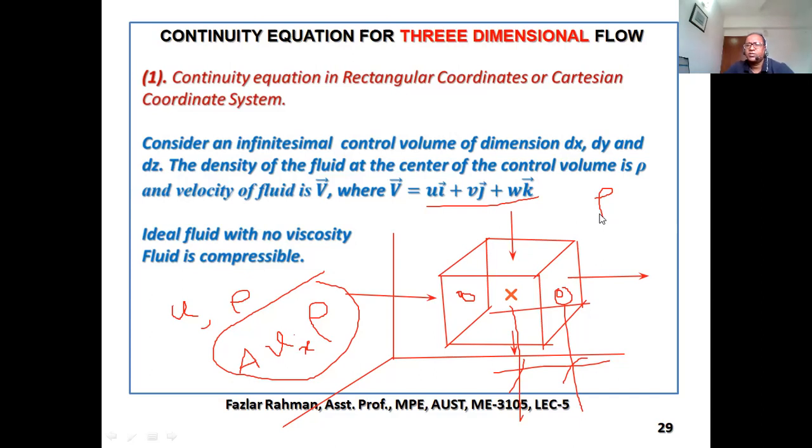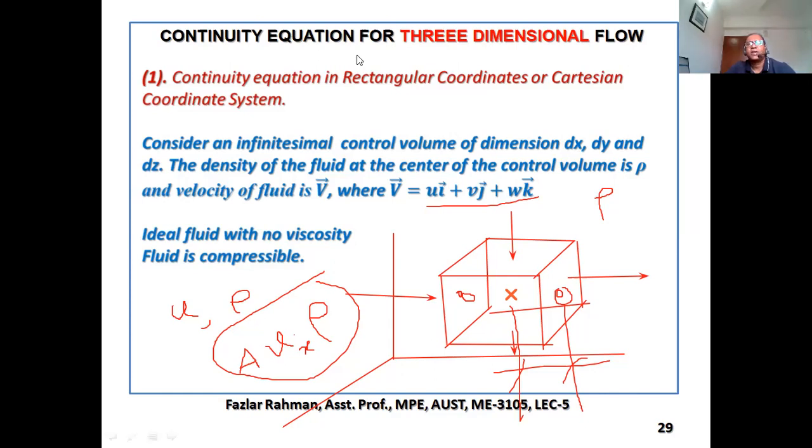We'll figure out the mass deposited inside the control volume due to flow along the y-axis. Then the net mass from the x-axis, y-axis, and z-axis will be summed together, and we'll figure out the rate of change of mass inside the control volume. Then you derive the continuity equation.